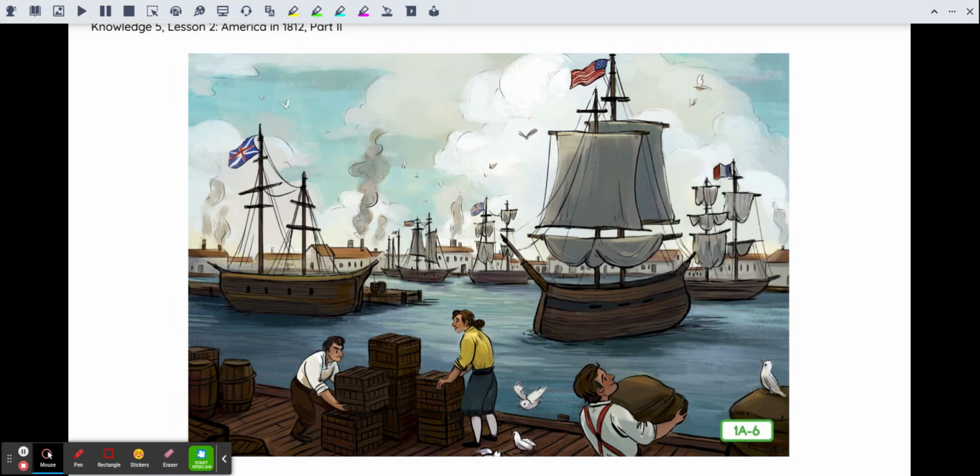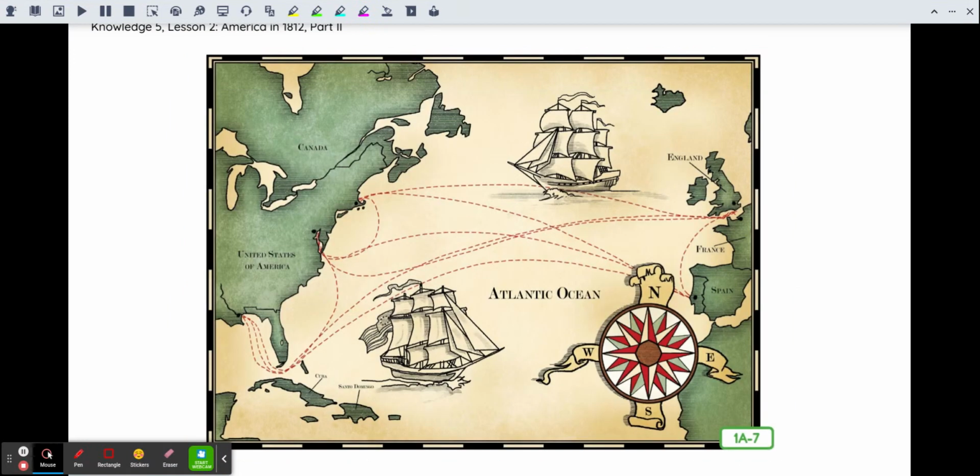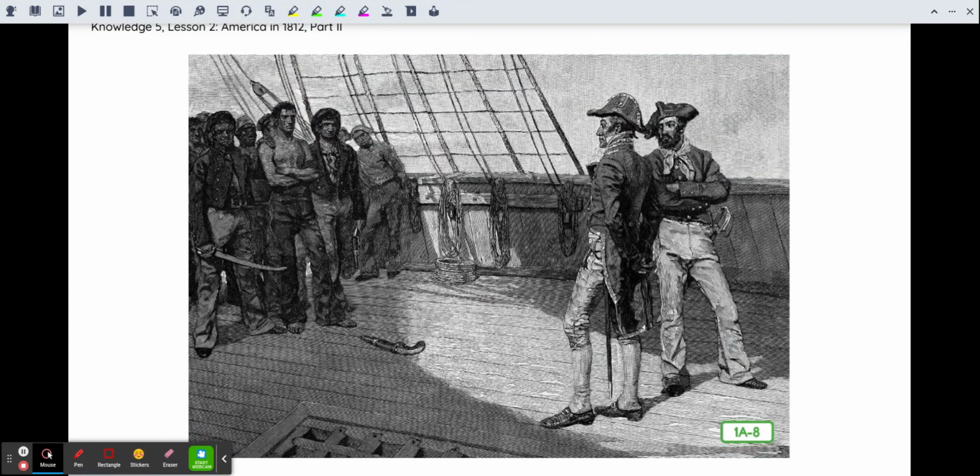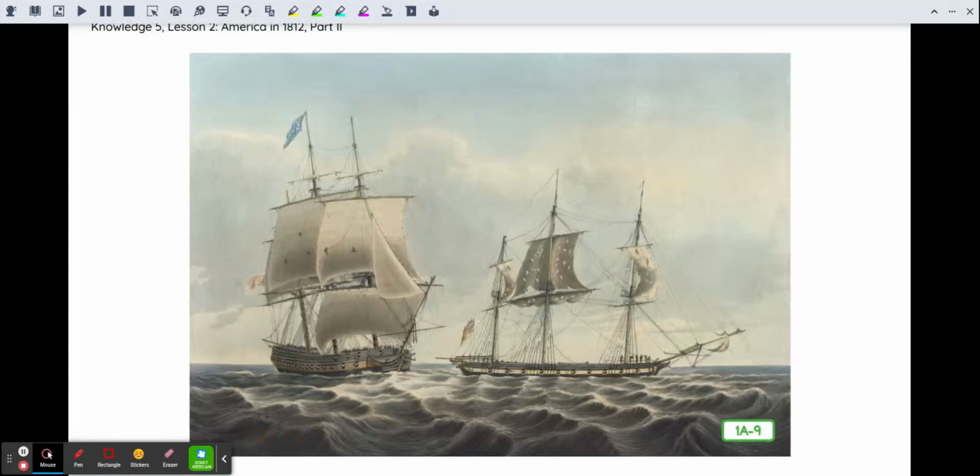This picture shows a busy American port, and this picture shows a map of trading routes. Here we show impressment of sailors by the British Navy. A naval ship, USS President.